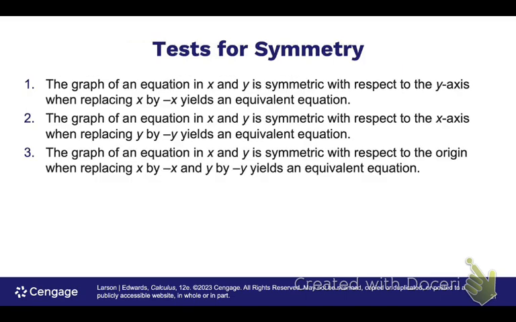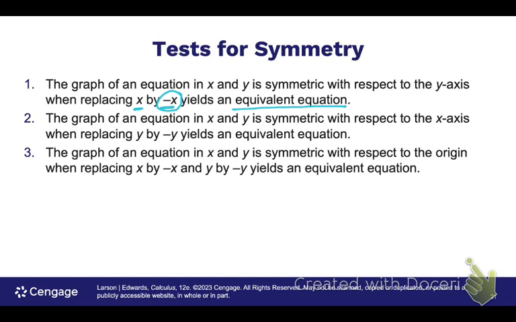Okay, test for symmetry. These are the tests. You need to know this. A graph of an equation in x and y is symmetric with respect to the y-axis if replacing x by negative x gives you an equivalent equation. So if you take the x and put a negative x in, you get back what you started with.